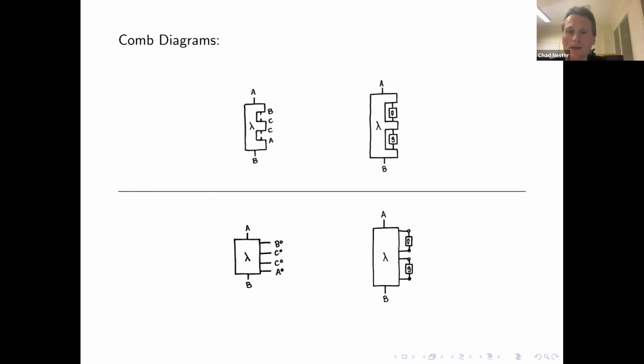Related to this work on optics, for the Applied Category Theory Conference, various people have been interested in various forms of what they call comb diagrams, where the idea is that a comb diagram is like a higher order string diagram. If I have my comb diagram lambda here on the left, somewhere an A goes in and a B comes out, and it has these teeth, and the teeth are holes in the diagram, and I'm going to put normal string diagrams into the holes to get a normal string diagram out.